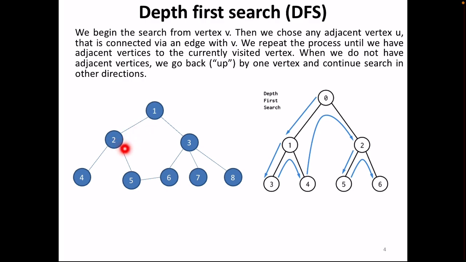Let's call it U. It can be this one. Here it is marked as 2, and U, or 2, is connected to V, or 1 here, via an edge. So in this kind of search, we are going from vertex 1 to vertex 2.